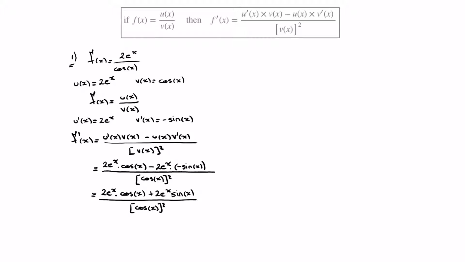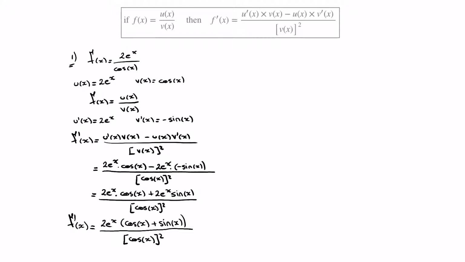So let's state the final answer as f dash of x equals 2e^x times cosine of x plus sine of x, all of which is divided by cosine of x squared. And there you go. We've just differentiated this function using the quotient rule.